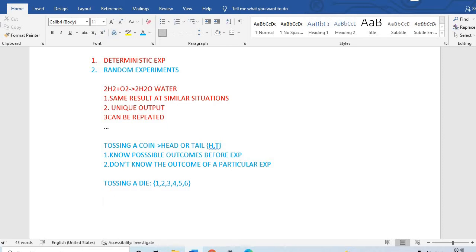Another example of random experiment: tossing two coins simultaneously. What will be the possible outcomes? It can be HH, HT, TH, TT. Okay.